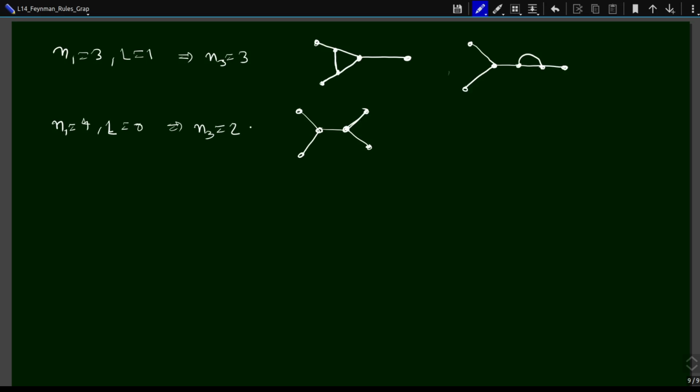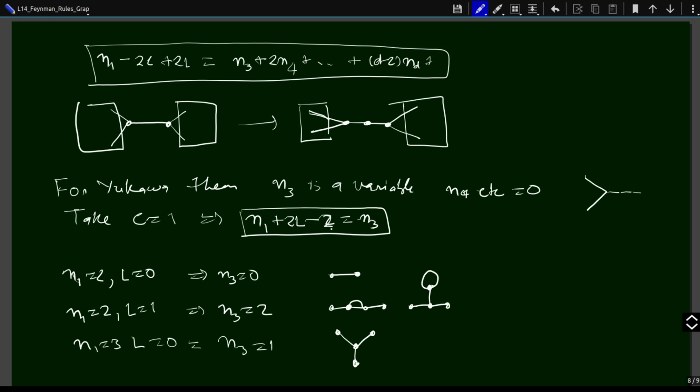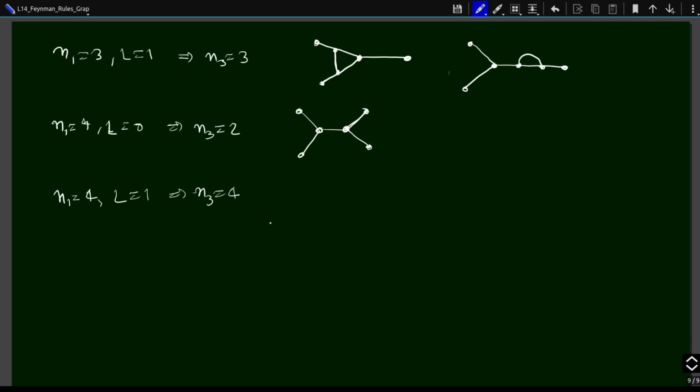Okay, and so on. Here let me just write one last, n1 equal to 4, L equal to 1. That gives me n3 equal to 4. With the previous formula that we have, n3 will be 4, and one of the possible things is just this diagram.